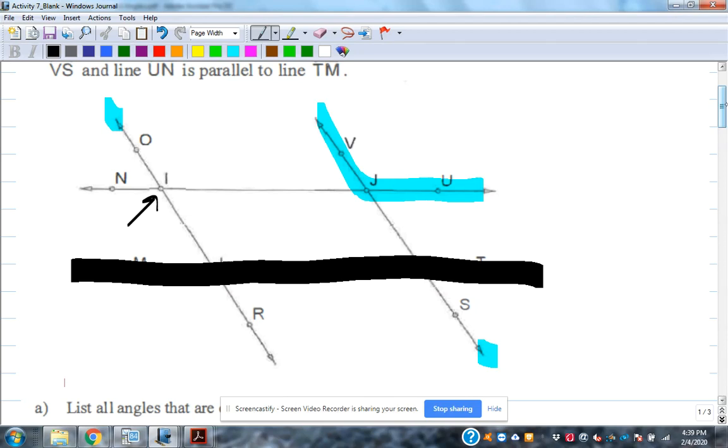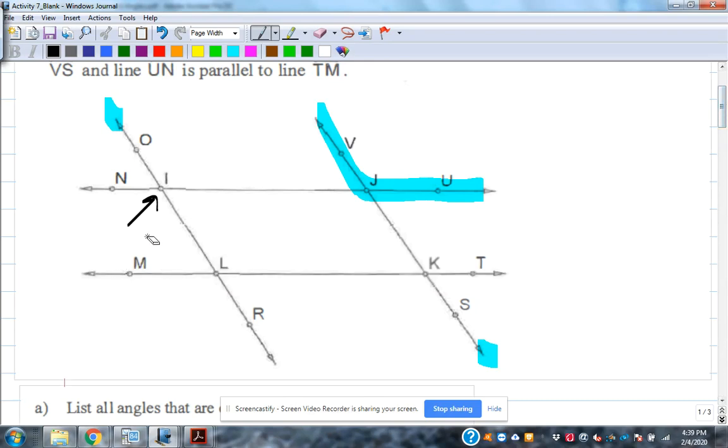Technically, we would be able to prove that MLR and VJU have the same measurement, but relationship wise, they are not considered alternate exterior or opposite exterior because they're not on the same transversal. That's the reason. A lot of times that helps. Just rotate your paper and cover up the part you need. Get you a little slip of index card to cover up the line you don't want.